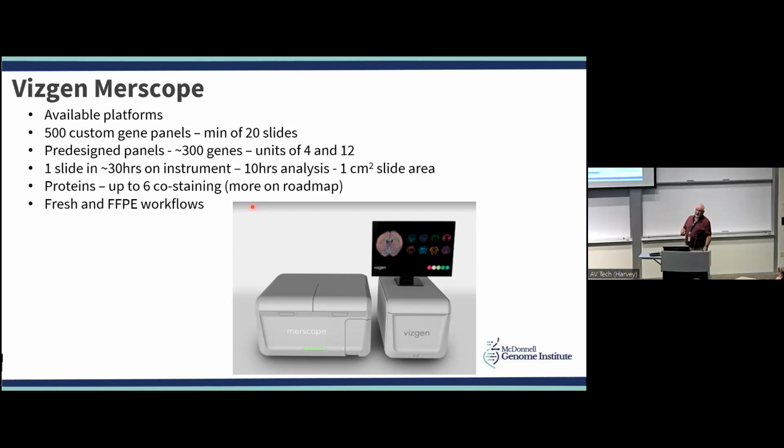And those are in units of 4 and 12 because they're pre-made. One slide in about 30 hours with another 10 hours of analysis time, and it'll do a centimeter squared on a slide. They do have proteins available along with nucleic acids, six co-staining at a time with the nucleic acids, and there is a fresh and FFPE workflow.